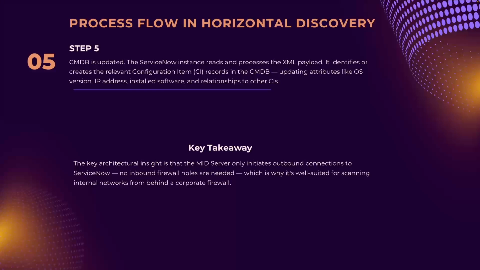It identifies or creates the relevant configuration item records in the CMDB, updating attributes like OS version, IP address, installed software, and relationships to other CIs. This is what happens in the fifth step. It either creates or updates an existing CI record with all the information that it has found.